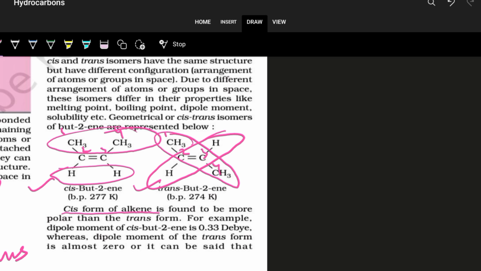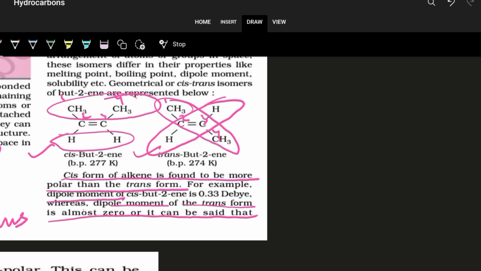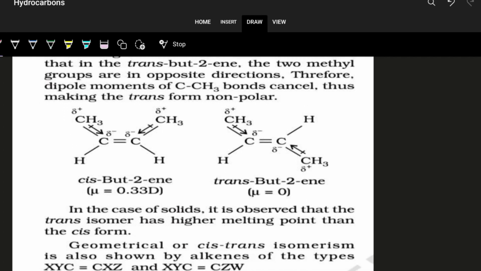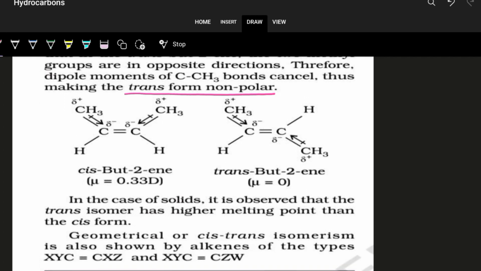Cis form of the alkene is found to be more polar than the trans form, because there exists a dipole moment in the cis isomer, whereas on account of the structure of the trans isomer, the dipole moment cancels out and gives you almost a zero dipole moment as the residual moment. And for that reason, the trans form is a non-polar form.